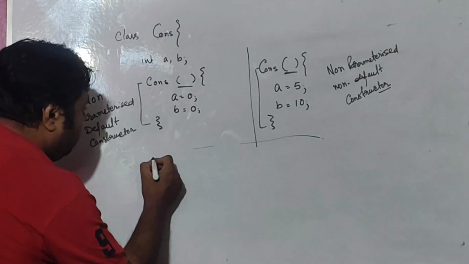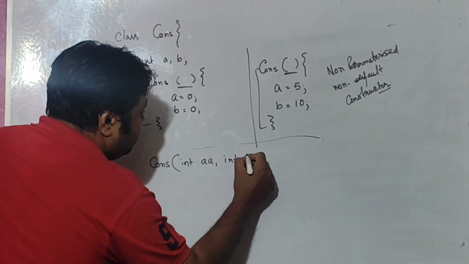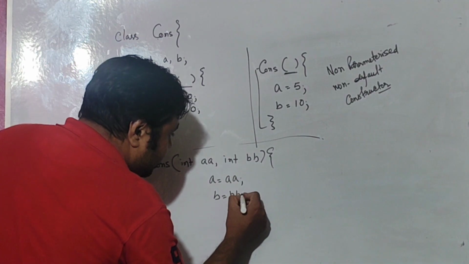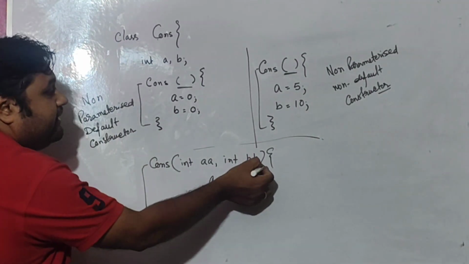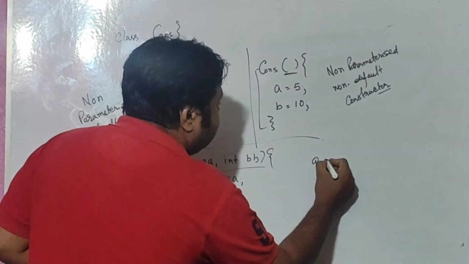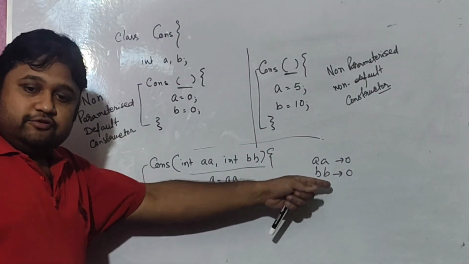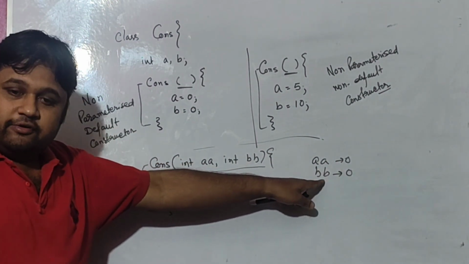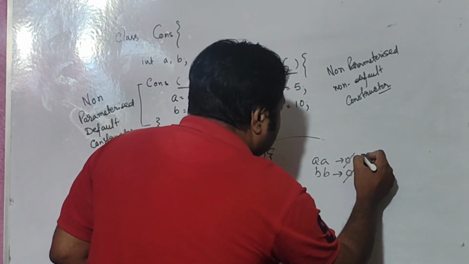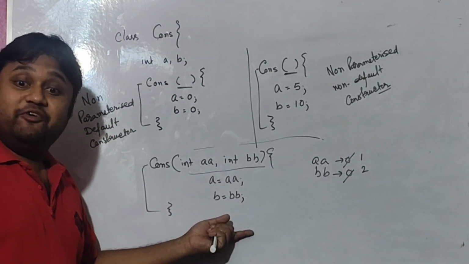Next one. Now, cons int AA, comma int BB. Now, A equal to AA, B equal to BB. So this is your parameterized constructor. Now, if AA and BB consist of 0 and 0, this is my parameterized default constructor. And if they are holding some non-zero values, it is a parameterized constructor, but not a default constructor.